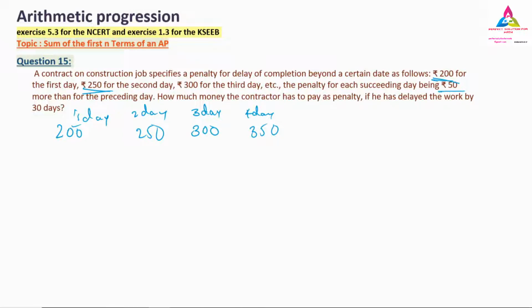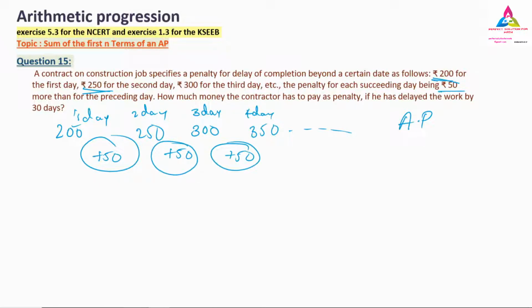What we have written here, 200, 250, 300, 350 and so on, is an AP, because if you find the difference, you get 50 rupees increase per day. 200 to 250 is 50 more, 250 to 300 again 50 more, 300 to 350 again 50 more, and the d value is nothing but 50.